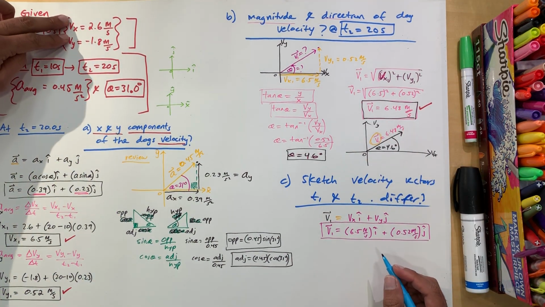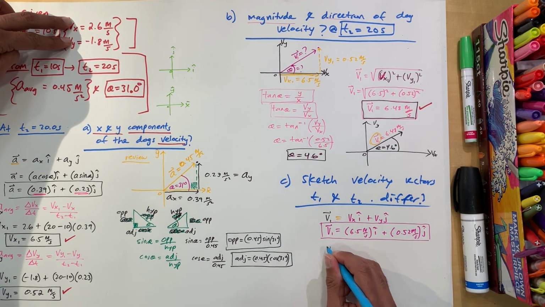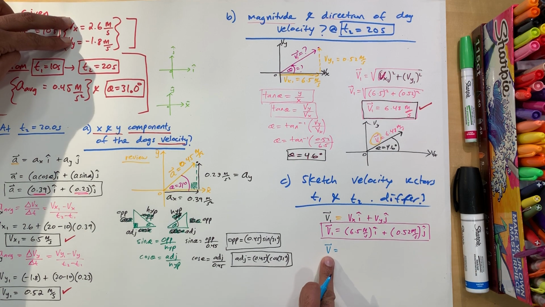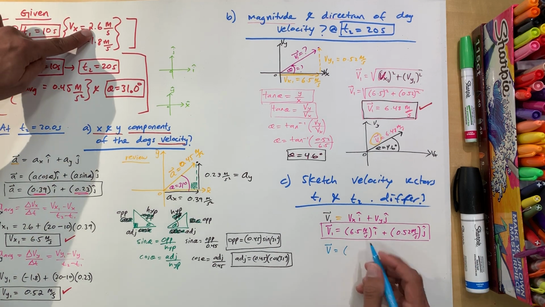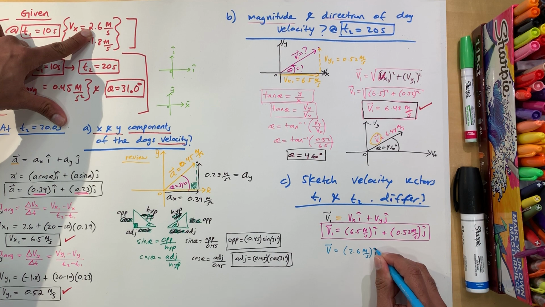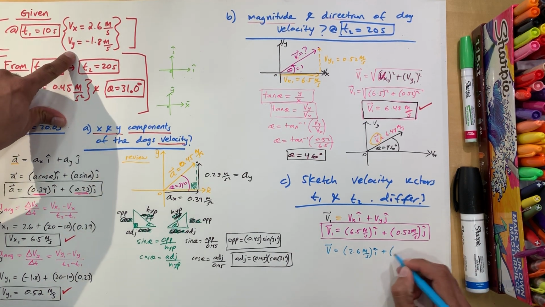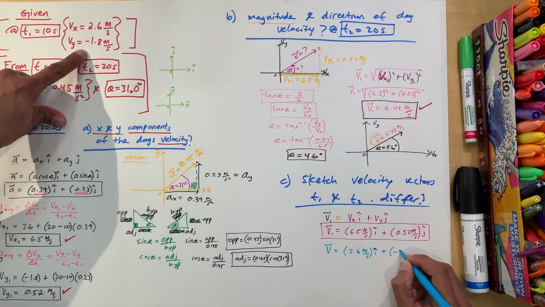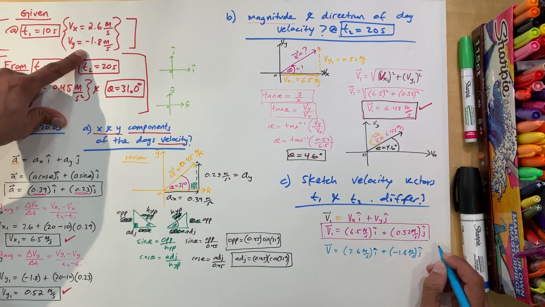Okay, so to do that, we're gonna express this as V without any numbers, just as the original. Vx is gonna be 2.6 meters per second in the i hat, and then plus negative 1.8 meters per second in the j hat.